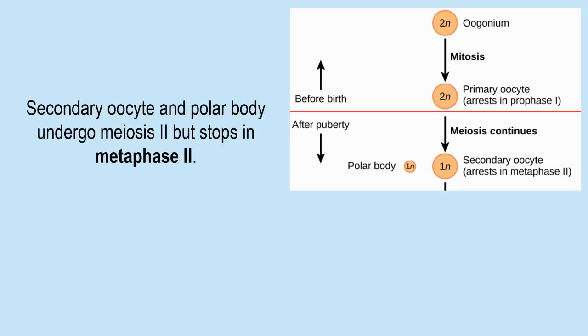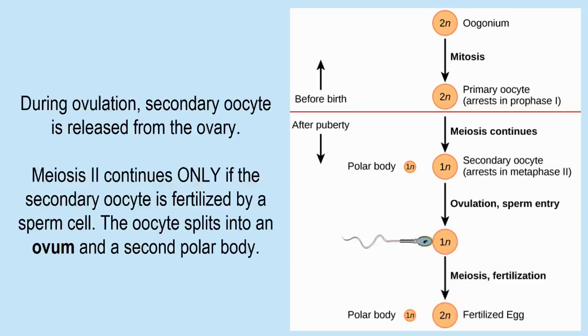So the secondary oocyte and polar body undergo meiosis II but stops in metaphase II. So during ovulation, secondary oocyte is released from the ovary. Meiosis II continues only if the secondary oocyte is fertilized by a sperm cell or the oocyte splits into an ovum and a second polar body.